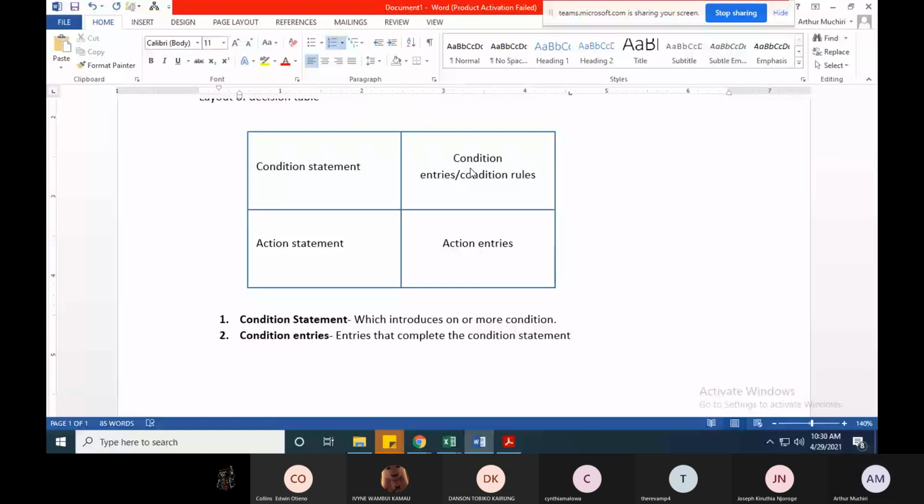These are entries that complete the action statement.